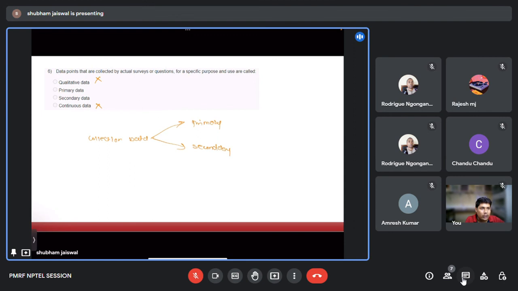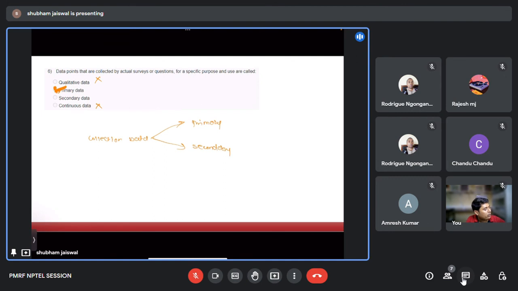We are not referring to any handbook or any standards. We are collecting that data or the questions for our specific purpose, to carry out the experiments. We are not taking any standards or data from any references. We are actually asking people, or collecting the data from the survey. So this is nothing but the case of primary data collection.